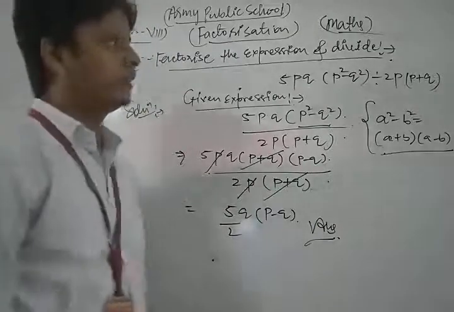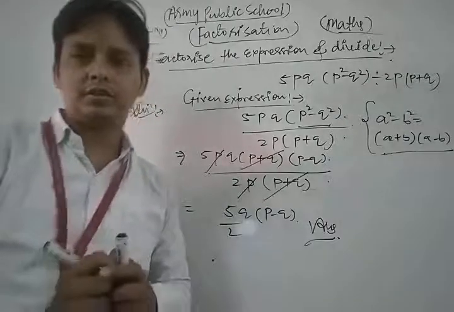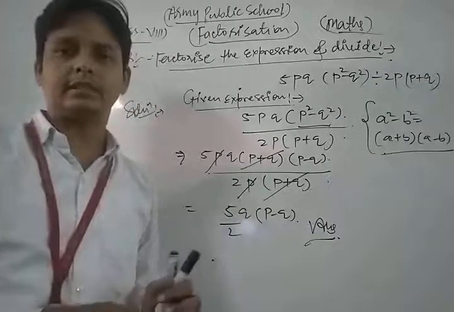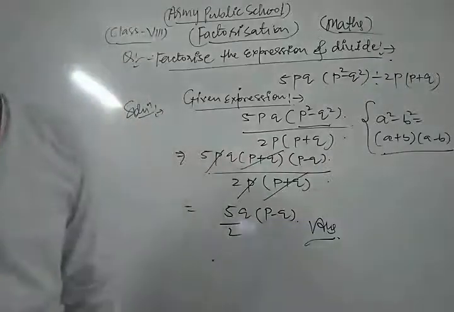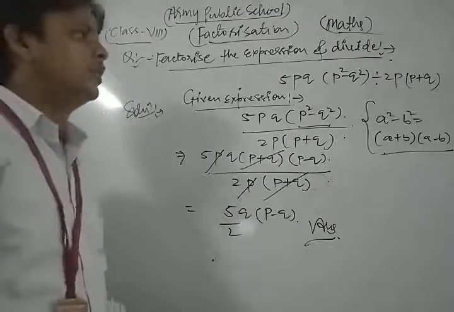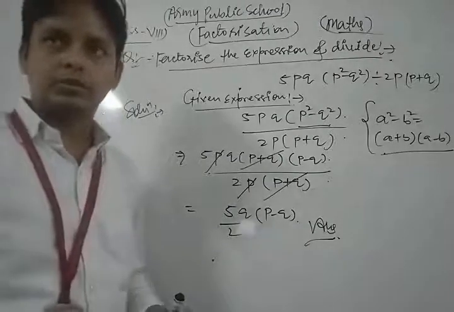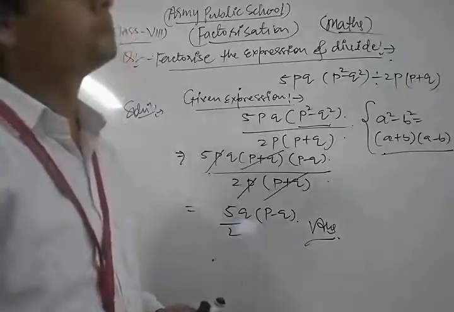So in this way, dear students, you can solve each and every question of your NCERT exercise based on these topics. So please, dear students, do more and more practice of this type of questions.